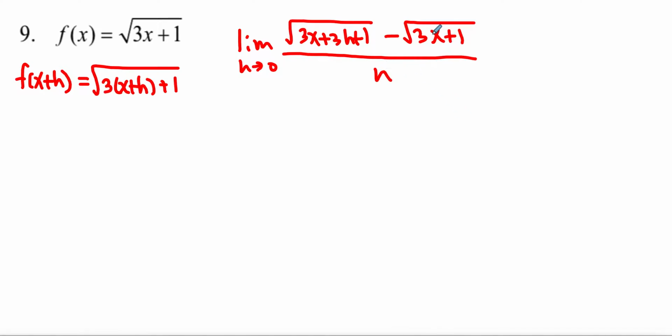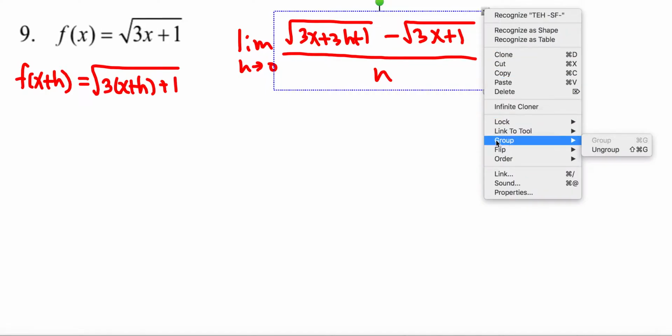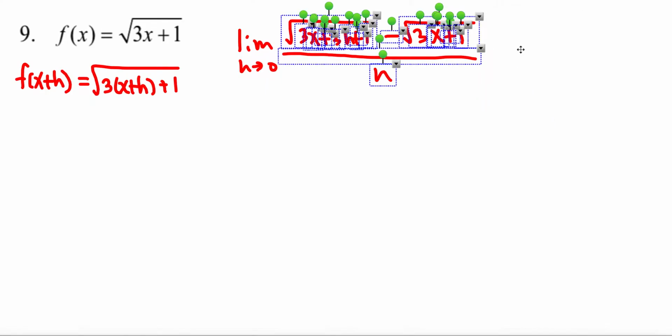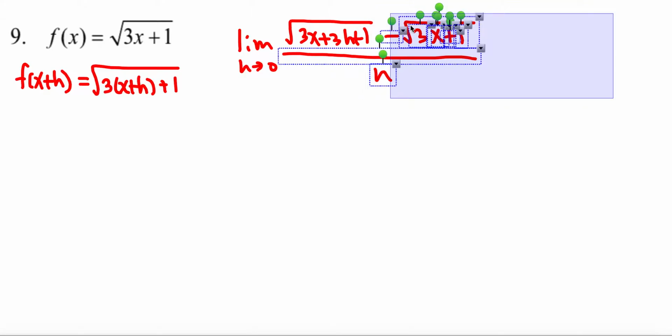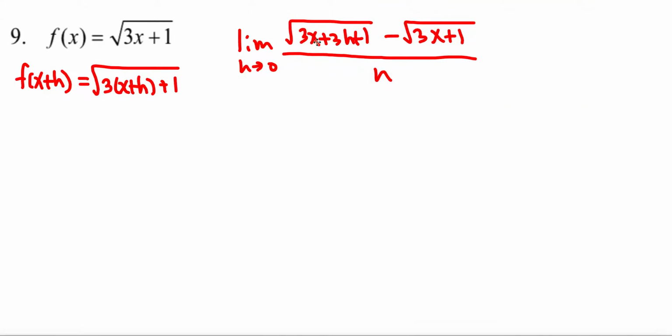Now, whenever I have a radical, what do you do? You multiply top and bottom by its conjugate. I will just multiply this one top and bottom by its conjugate. That means it's going to be exactly the same expression, but this middle sign will be positive.